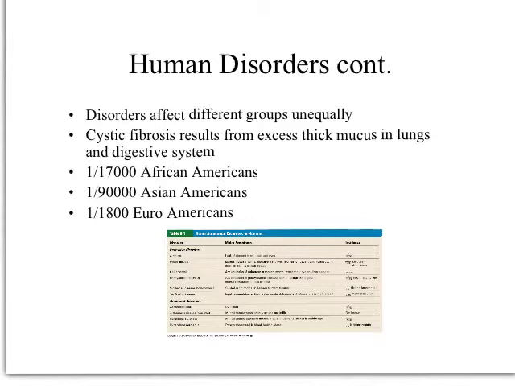For example, cystic fibrosis, the excess mucus in the lungs and digestive tract. If you're African American, your chances of getting it is 1 in 17,000. In Asian Americans, it's 1 in 90,000. However, if you're a European American, your chances are 1 in 1,800. So you can see that it affects different racial groups differently because of the probability.